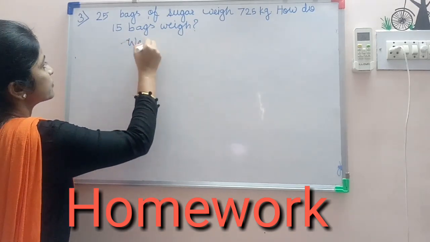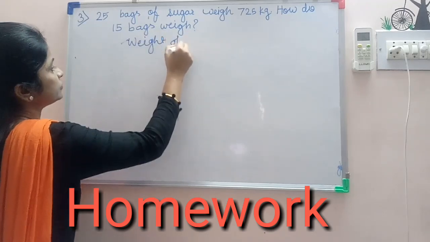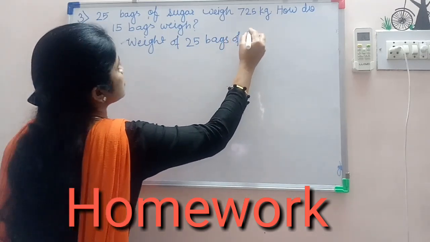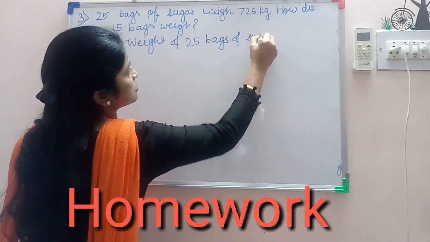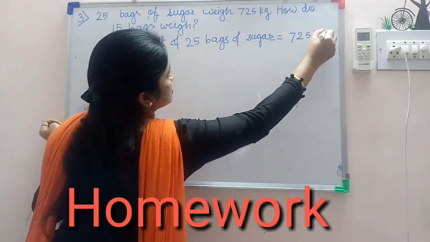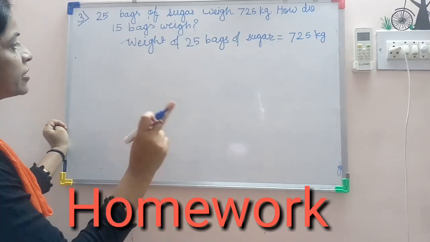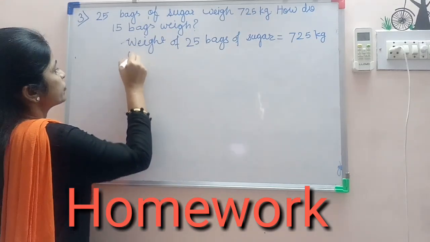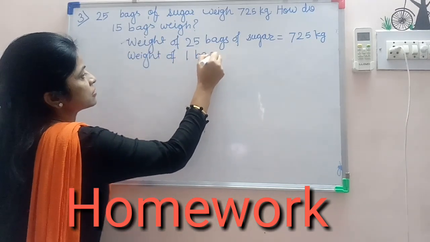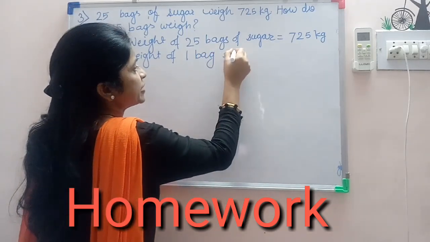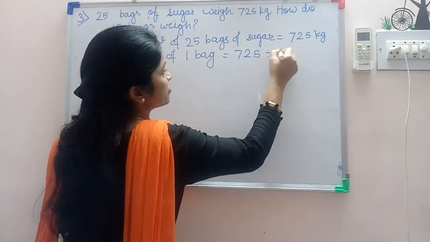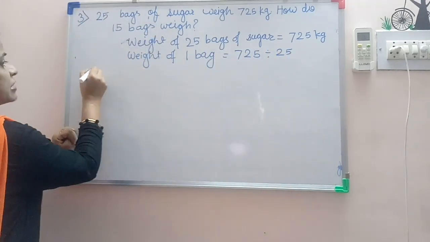Weight of 25 bags of sugar is equal to 725 kg. Now we'll find the weight of one bag. So we will write: weight of one bag is equal to 25 bags weight divided by 25. Now we'll start the division on one side.